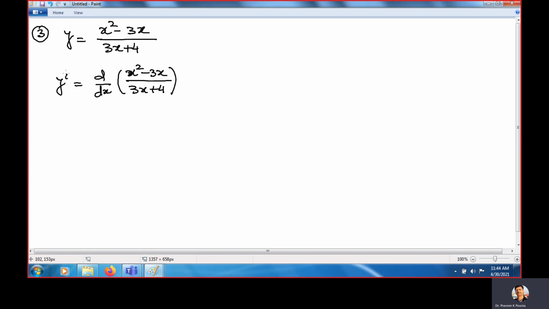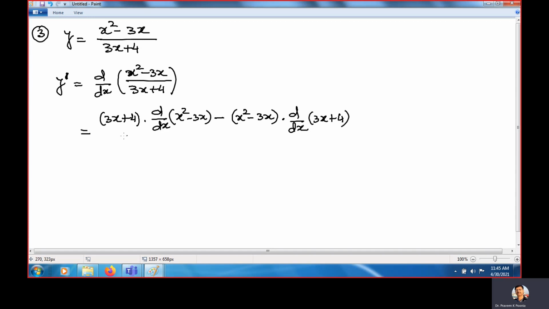It will be the denominator, 3x plus 4, same to same, times the differentiation of the upside, x square minus 3x, minus the numerator same to same, x square minus 3x, times the differentiation of the downside 3x plus 4, upon (3x plus 4) power 2.